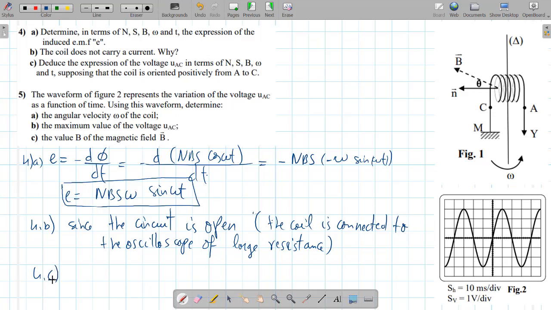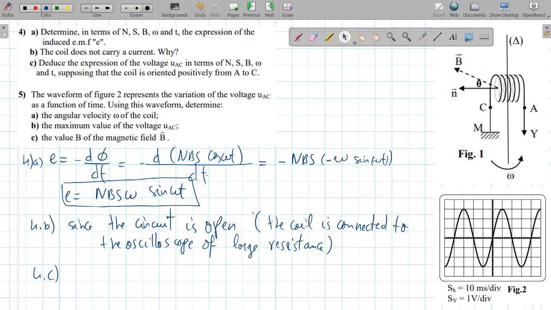Finally for C, deduce the expression of the voltage UAC in terms of NSB, omega and T. For UAC across the coil يعني نحن قلنا هاي البوزيتيف سنس وهي البوزيتيف سنس، فإذا عم نقرا اليو اي سي across the coil in the positive sense، فإذا هاي البوزيتيف سنس دغري مثل ما تعلمناها هو plus Ri d phi by dt.